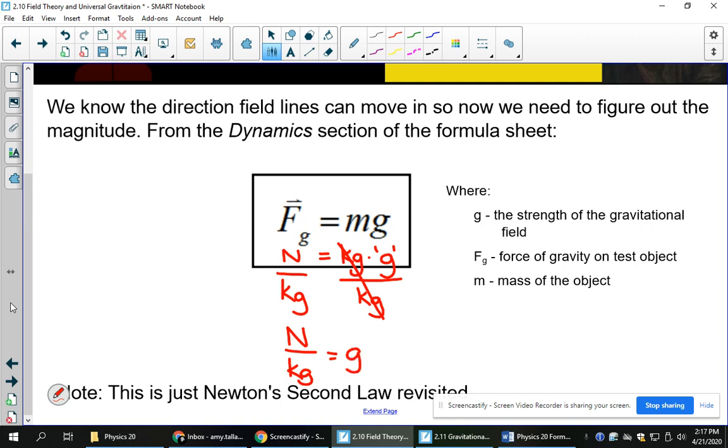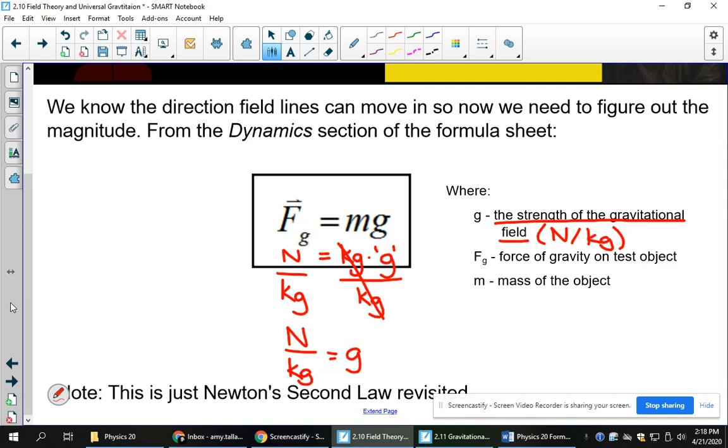If I wrote newtons with the fundamental units that it's made out of, they would all cancel out and leave us with meters per second squared. So newtons per kilogram are meters per second squared, but newtons per kilogram just tell us that we're talking about the strength of the gravitational field instead of acceleration due to gravity, like we have been in the first unit.